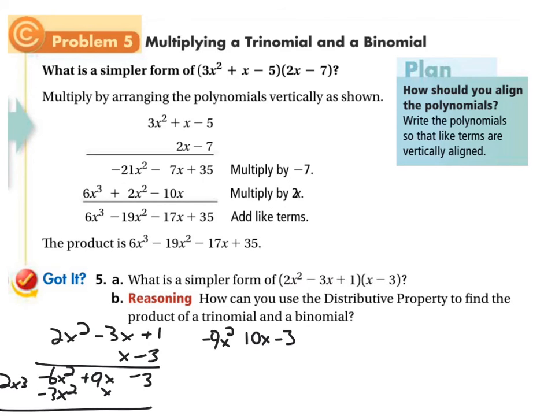And because that 10x was a positive, we need to put a plus in there to make sure that they stay separated by their signs. Okay? And then finally, this x times 2x squared is 2x cubed, and that's there. So we've got 2x cubed minus 9x squared plus 10x minus 3.